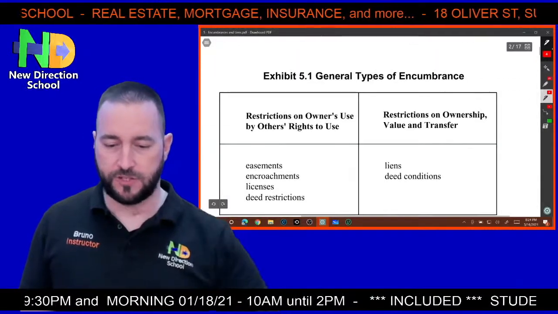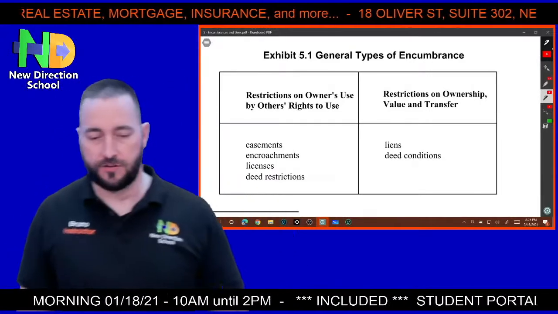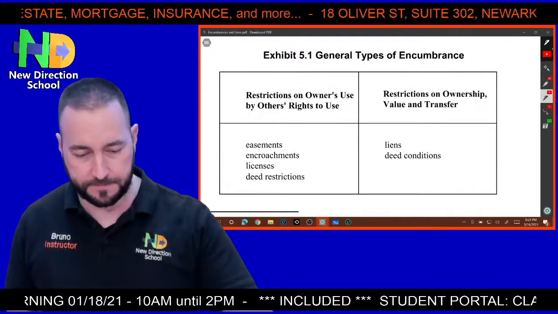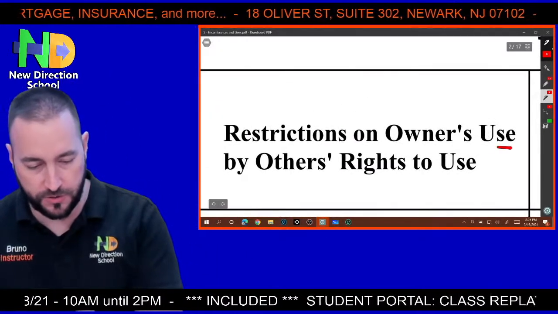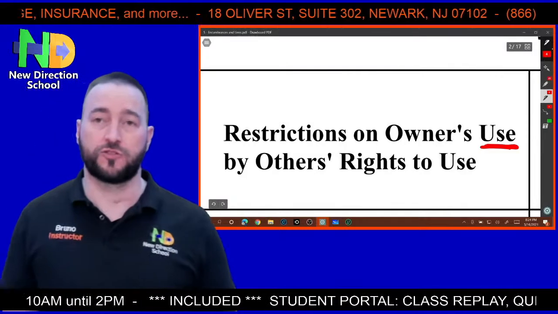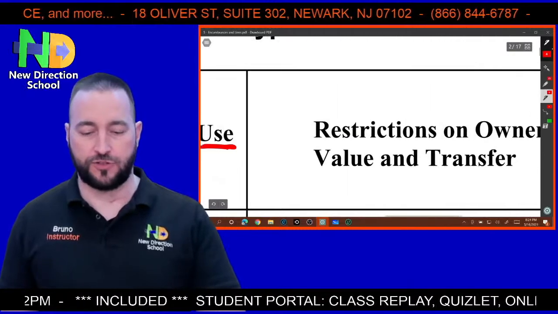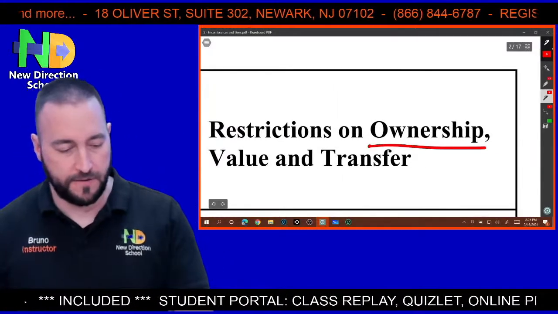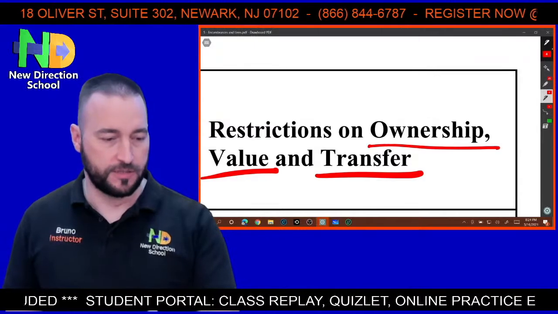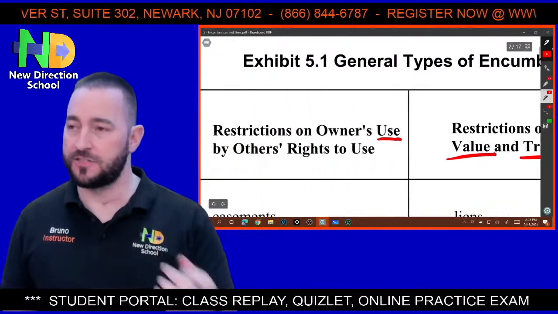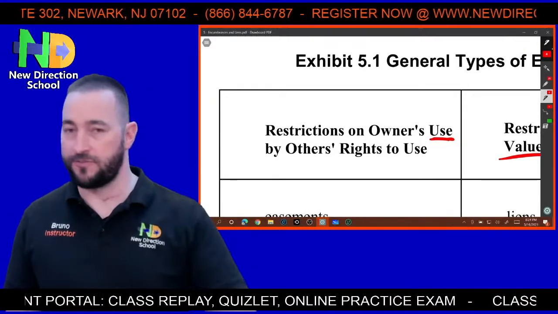Next page, we have the general types of encumbrance. One of them has restrictions on the use, the owner's use, by the other's rights to use. The other one has restrictions on ownership, value, and transfer. So depending on the type of encumbrance, it affects the title or usage in different ways.